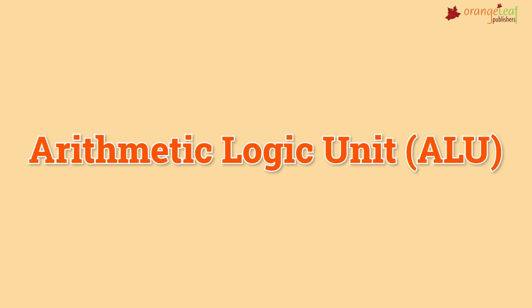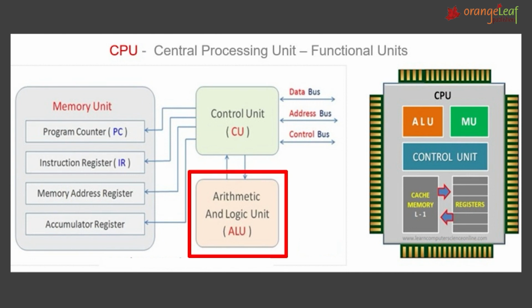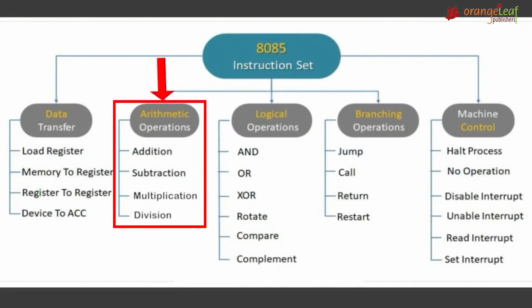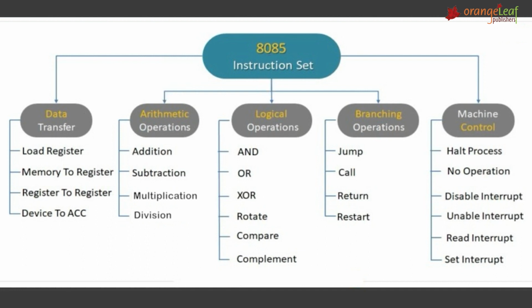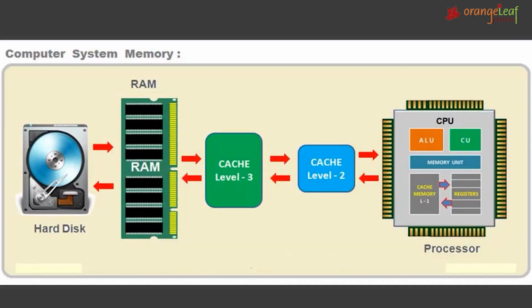Arithmetic Logic Unit, ALU. The ALU executes mathematical operations like addition, subtraction, multiplication, and division. It also performs logical operations. Memory Unit, MU. All the data and instructions that must be processed must be stored beforehand.